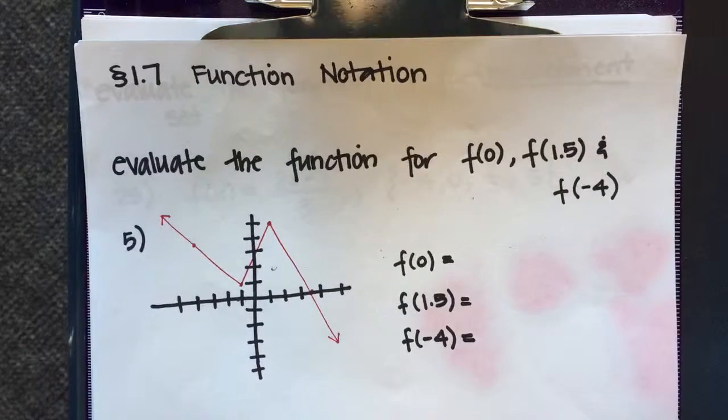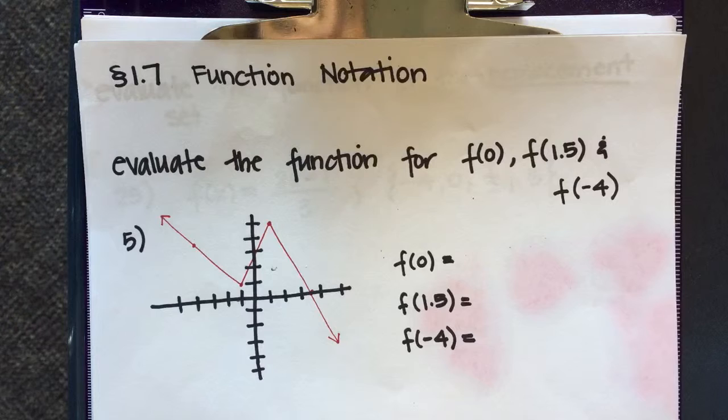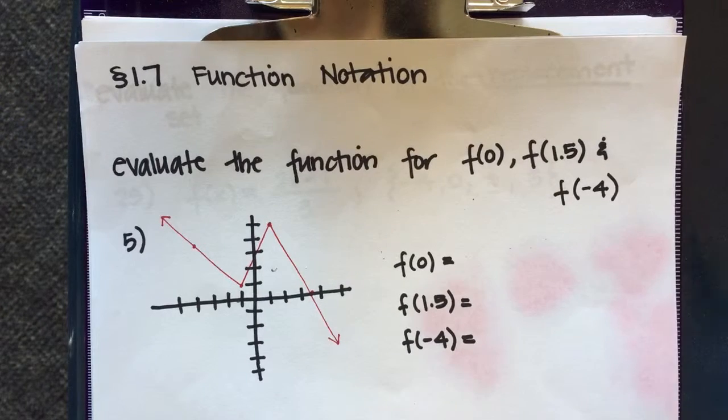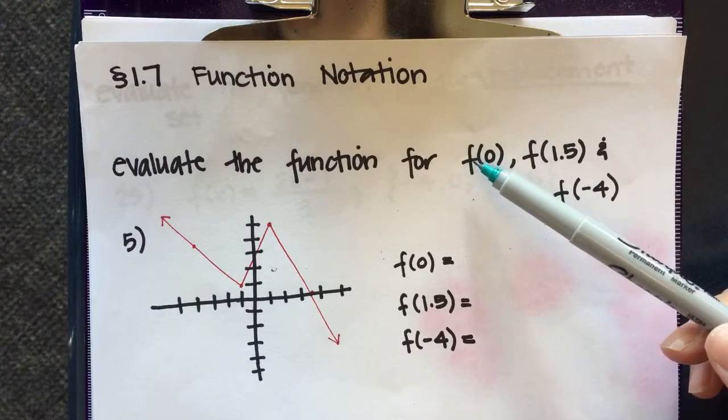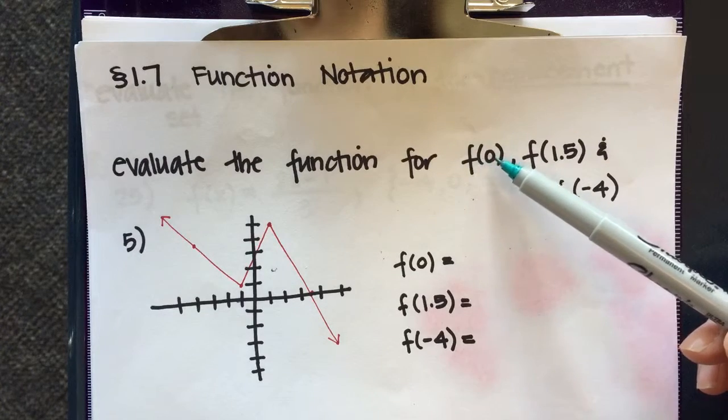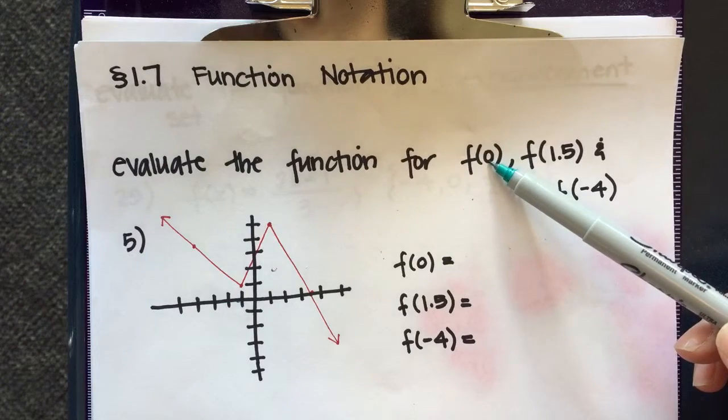Section 1.7 is the last section that we're going to do in Chapter 1, and it was on function notation. So problem number 5 asks us to evaluate the function for f of 0, f of 1.5, and f of -4. So remember that means find the value of function f when the input, or x, value is 0.